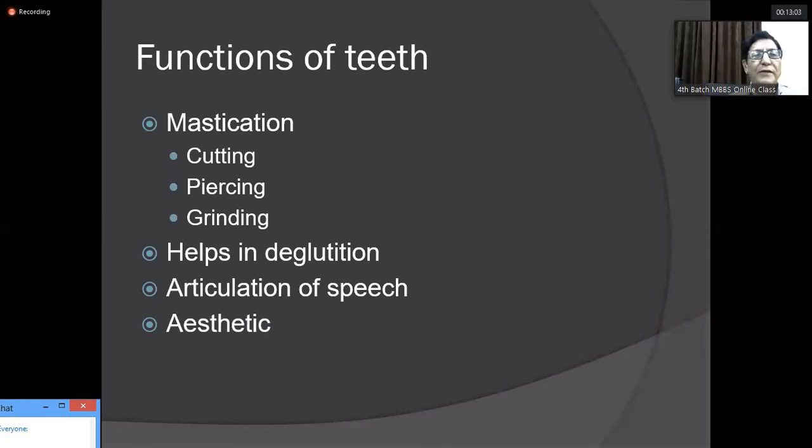And another thing, aesthetics. You can well imagine how many people are having braces these days, going for aesthetic fillings, crowns and all those works. People are very aware of aesthetics. So these are the functions: mastication, helping in deglutition, articulation, and aesthetics.